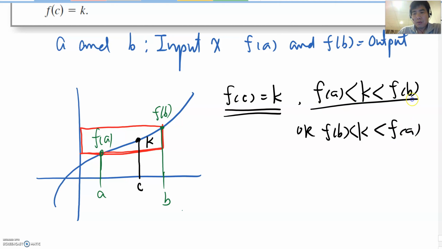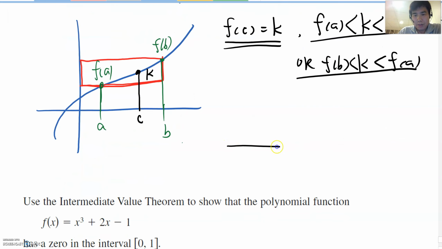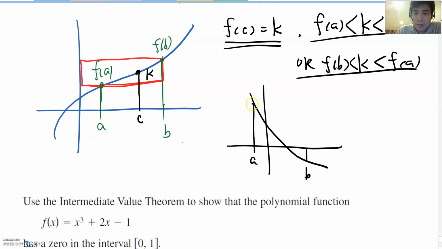The reason I wrote down two different ways is because sometimes the graph looks like this, and let's say this is a and this is b. Then there will be our f(a), there will be our f(b), and f(a) is much higher than the f(b) value here.